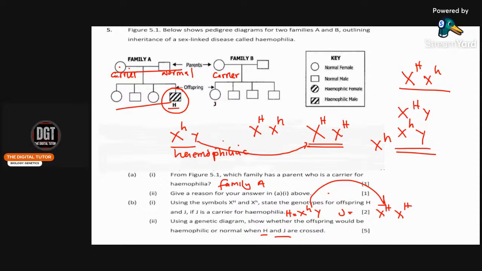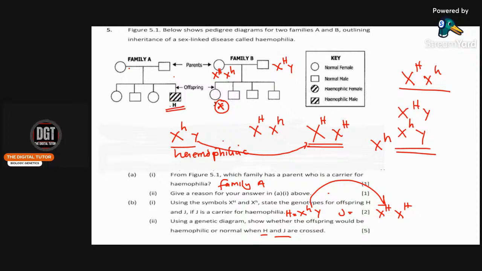Okay, if we are to cross, because I said males are normally not carriers, which means this one automatically is just normal. Now, if this one is a carrier, where is this one getting the hemophilia that the person is carrying? Because here, let's say this one is a carrier, X^H X^h, we're going to have this situation where we have one of them being what?